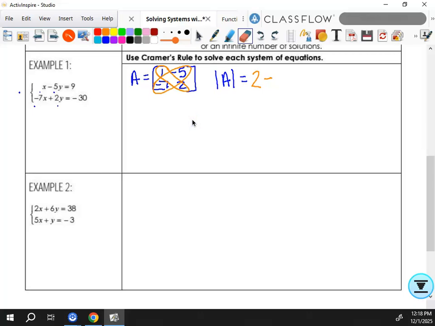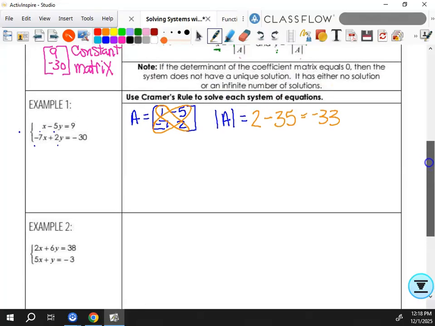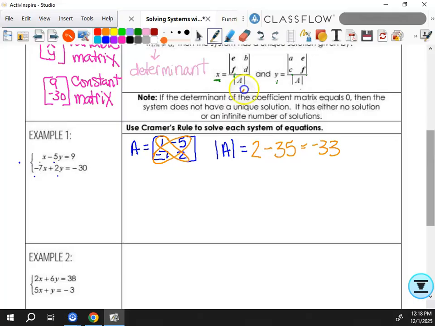And so that -7 times -5 is a positive 35. So I get a negative 33. Okay? So the determinant of the coefficient matrix is negative 33. That is what goes in the denominator of each one of these.